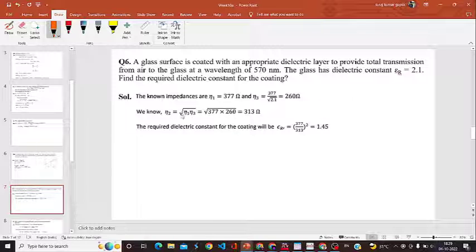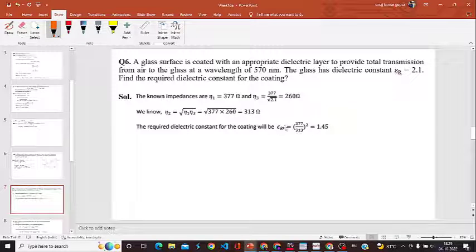So eta 2 value is already known to us. Now by using this we can easily calculate the value of the dielectric constant. It is defined as 313 equals 377 divided by root over epsilon r dash.